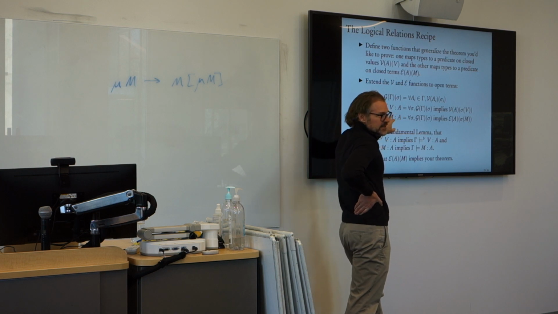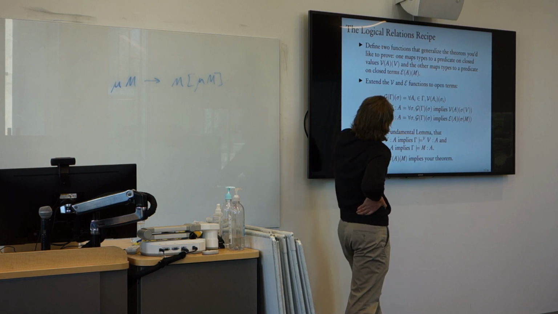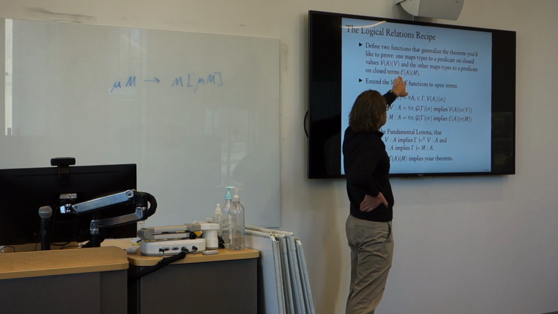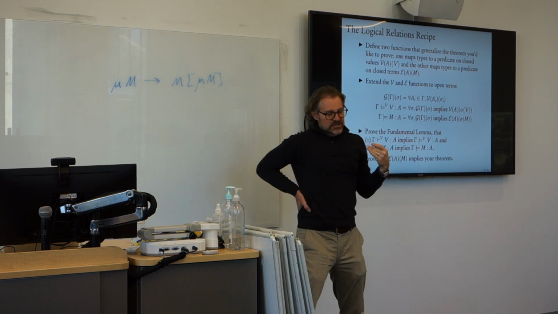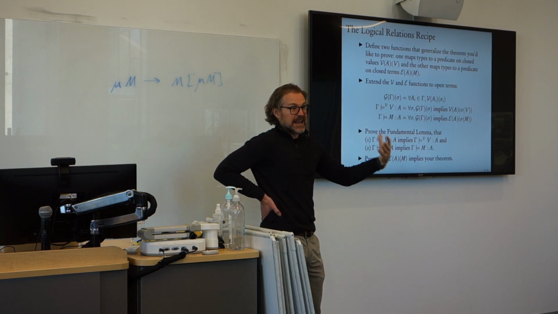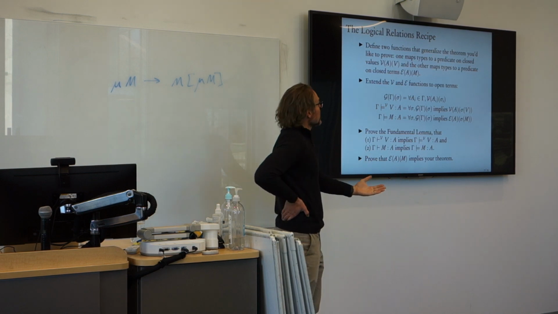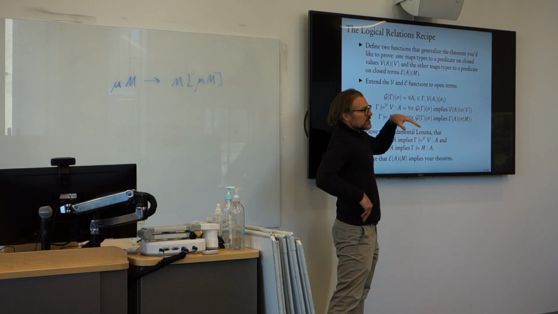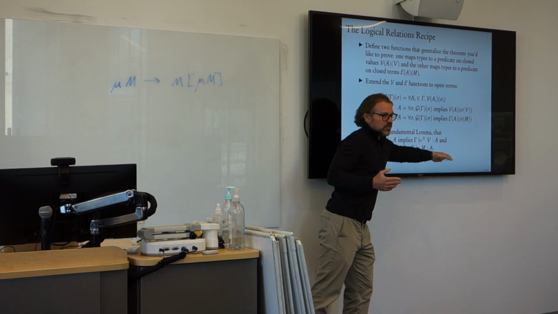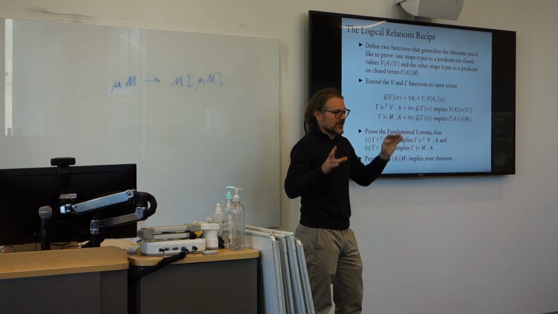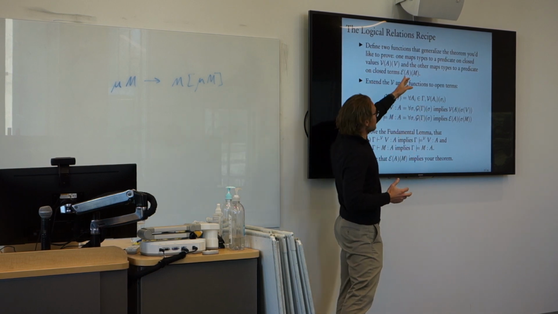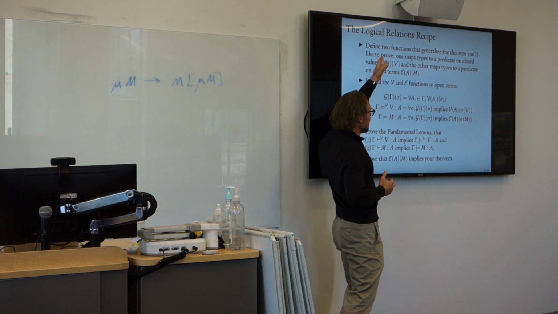I tend to like using a certain slogan for V and E. Because these are semantic things that talk about the actual behavior of the program, I like to think of them as expressing what it means to be well-behaved, whatever that means according to the theorem you care about. That's what you're defining with V and E: well-behaved terms, well-behaved values.